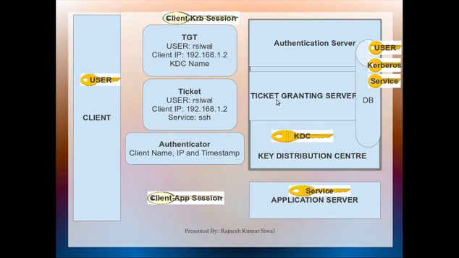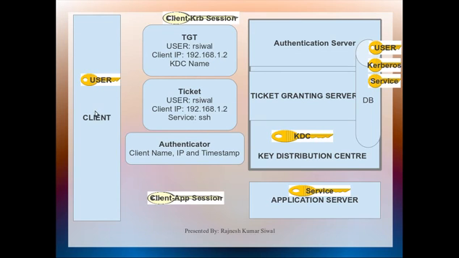Okay. The other part that this ticket granting server is going to send to the client is a session key, which will serve as a session key between the client and the application server. So it has created two things: a ticket encrypted with the private key of the application server, and the session key for the client application session, and both of them will then be combined and encrypted with the session key of the client and Kerberos session.